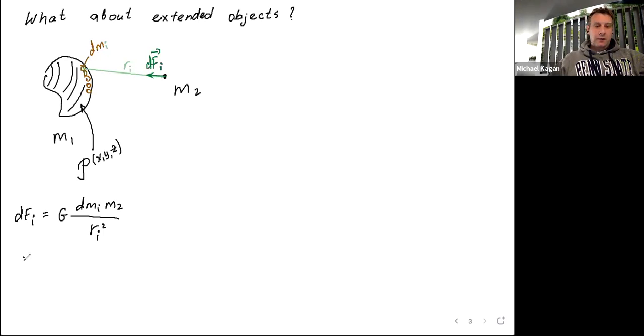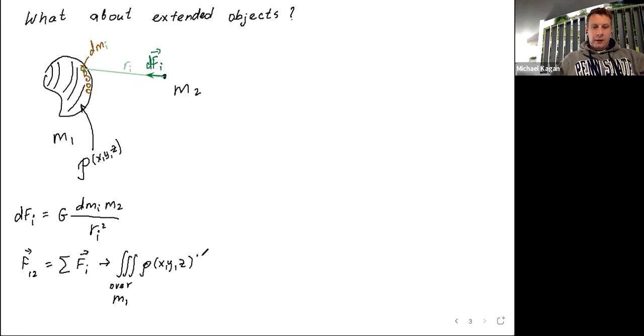So F12 total is the sum of the F sub i vectors, which really boils down to a three-dimensional integral over all the points, over all x, y, z's, over the region occupied by the object with density rho of x, y, z.